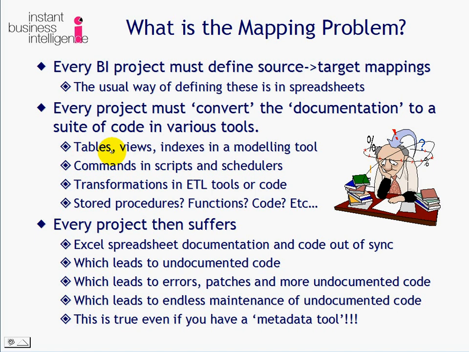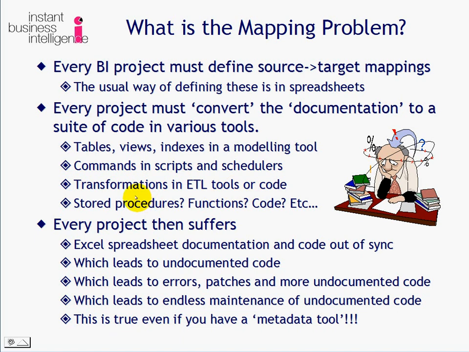So, for example, tables and views and indexes must then be moved to some kind of modeling tool. Commands and scripts and schedulers have to go into the schedulers. Transformations have to go into the ETL tools or into some kind of code. So during the whole mapping, writing or design definition process, all these things have to be done.